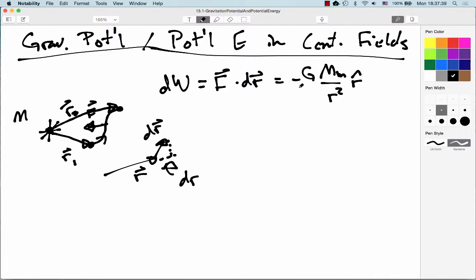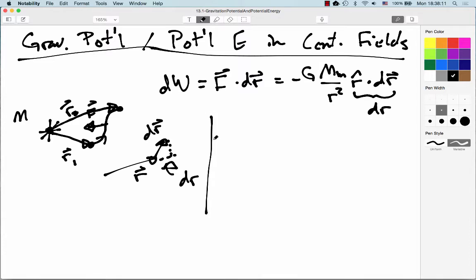So this much is the force, and remember it's pointing in and r hat points out, thus the minus sign. And we'll dot that with our dr. So substituting in, our dr is just equal to r hat times the scalar dr. So r hat dot r hat is just unity, it just leaves behind the scalar dr, and there we go.